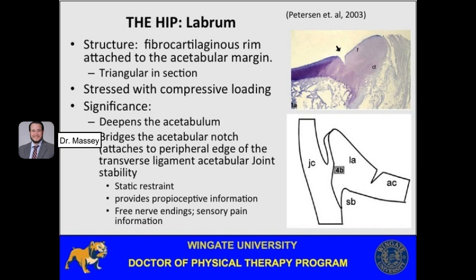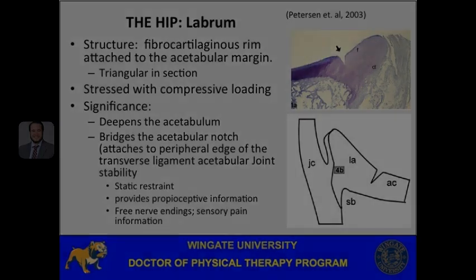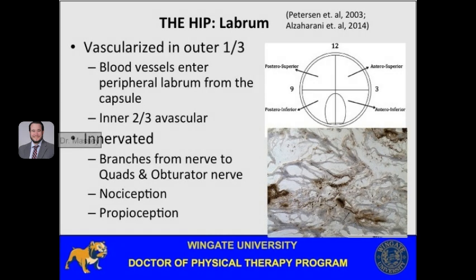Just to explain one of these images a little bit better here, we see the joint capsule, that is, as it's connecting onto the labrum, and a slight fold there, in other words, and this would be subchondral bone here. So where do we actually have vascularization?